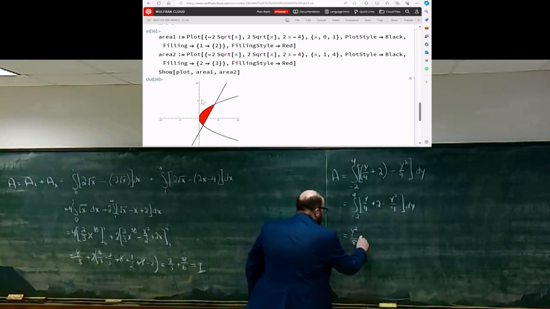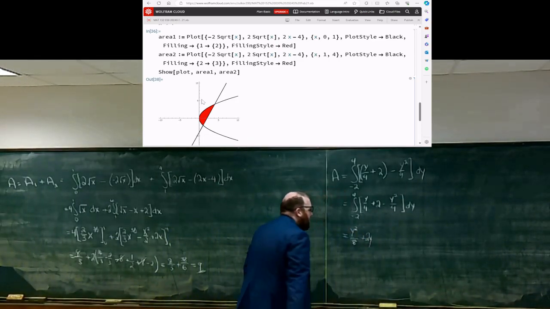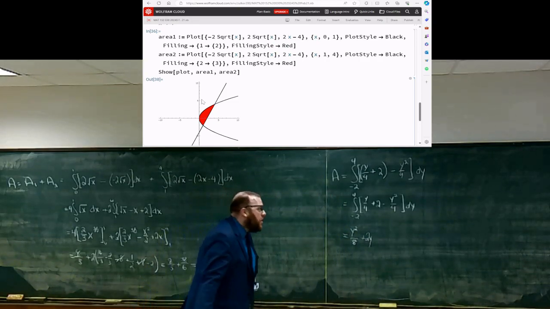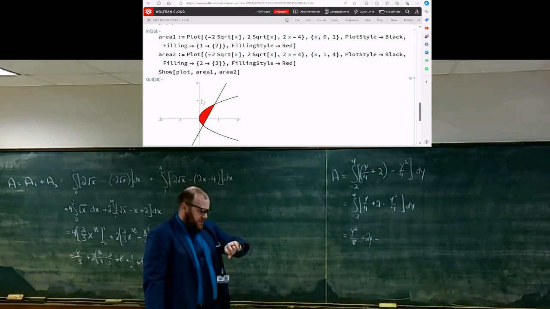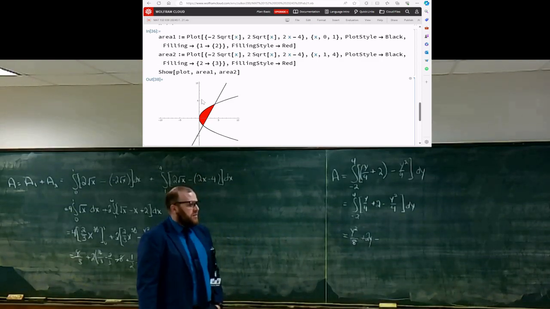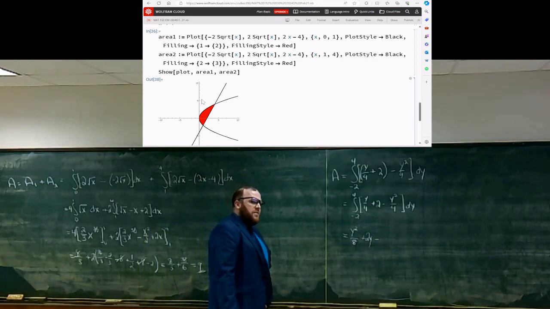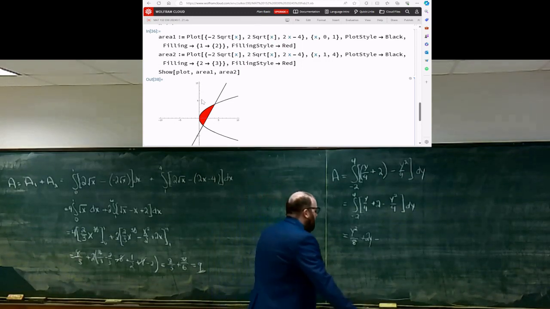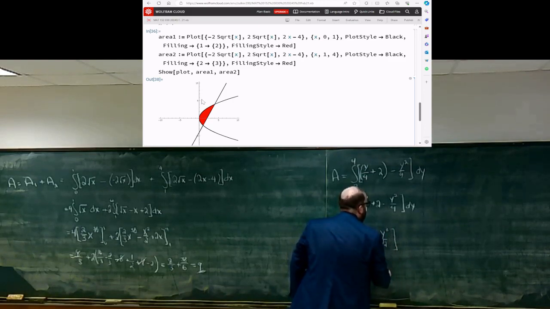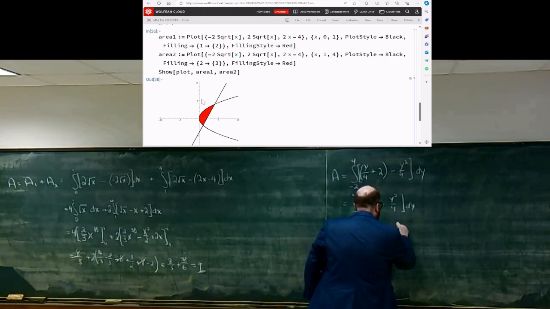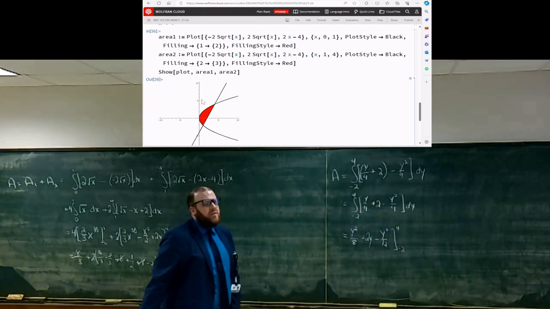Of 2, well, that's easy, plus 2y. What about y squared over 4? Y cubed over 12. Evaluated from negative 2 to 4.